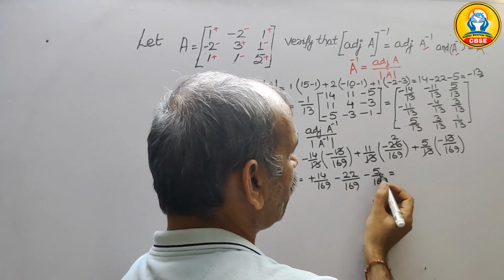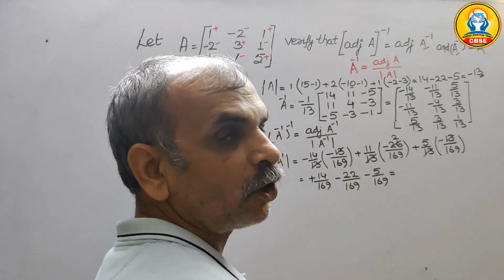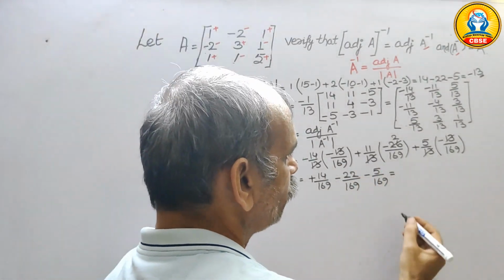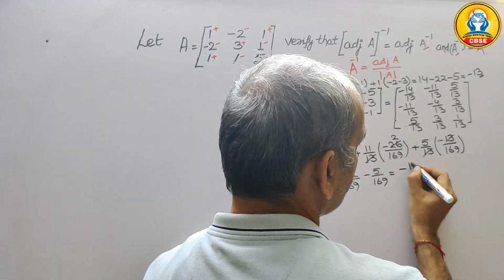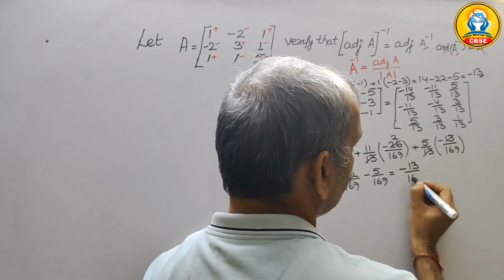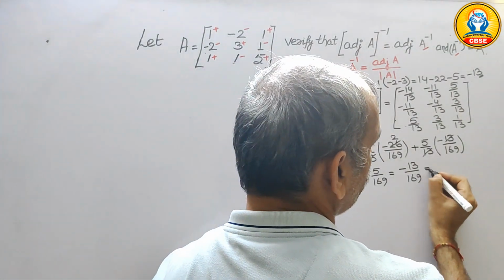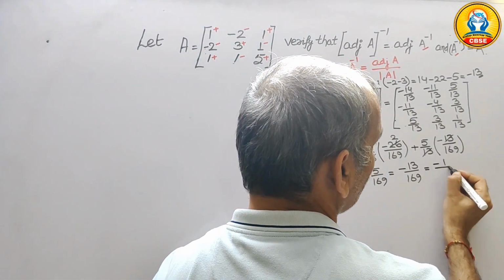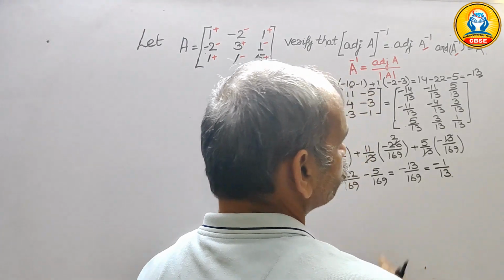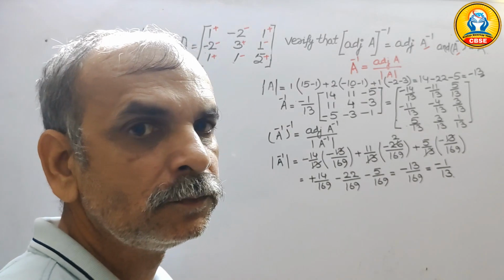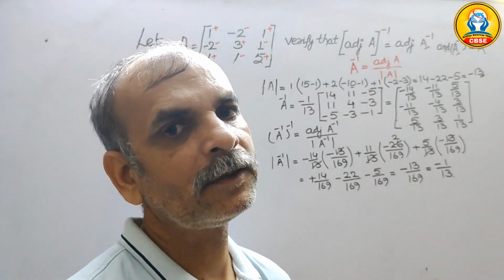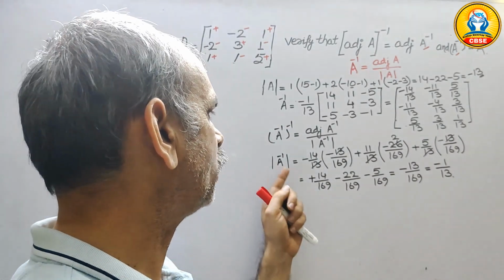That is equal to minus 27 plus 14 is minus 13. So we will get minus 13 by 169. So now reduce them. If you reduce it, you will get minus 1 by 13. Minus 1 by 13. That is your A inverse.